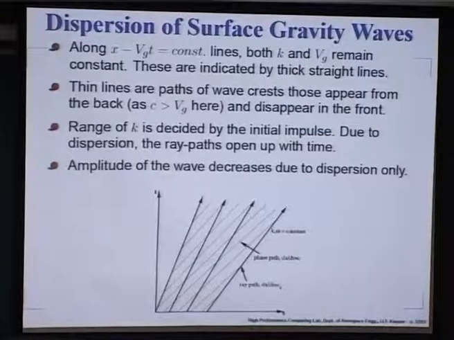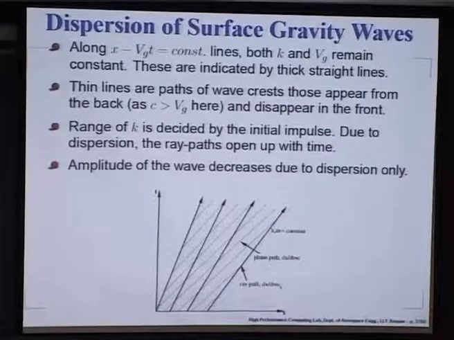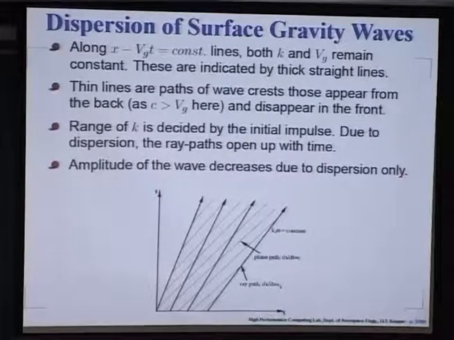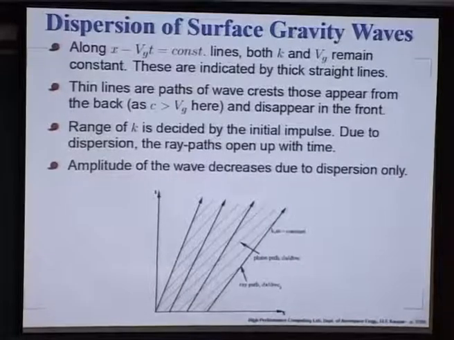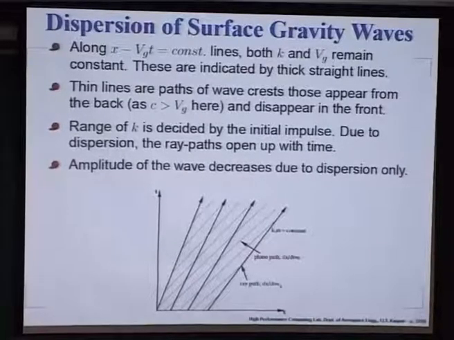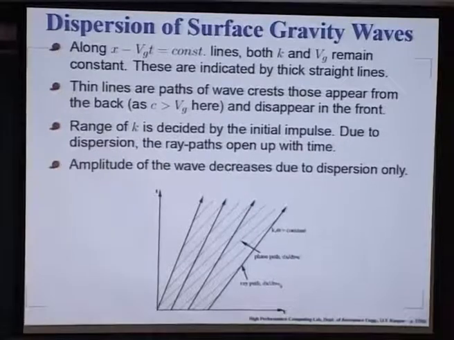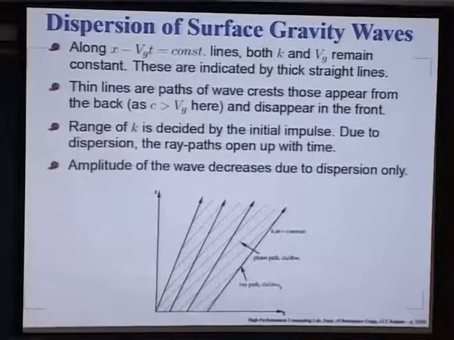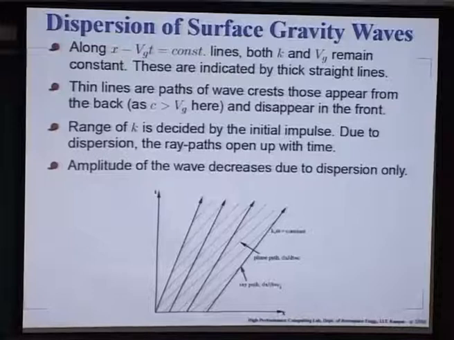So, the extreme of that V g range will determine how this envelope is going to enlarge. And these thin lines tell you along which your phase is constant.